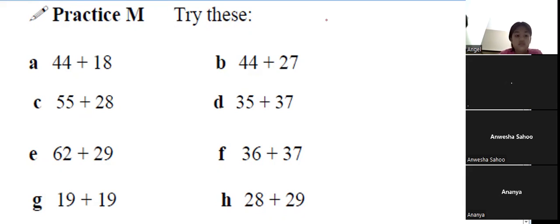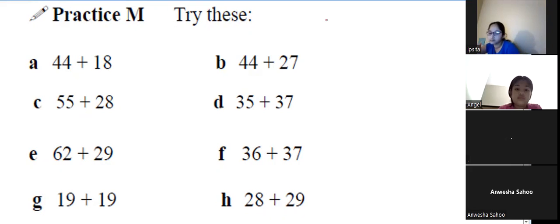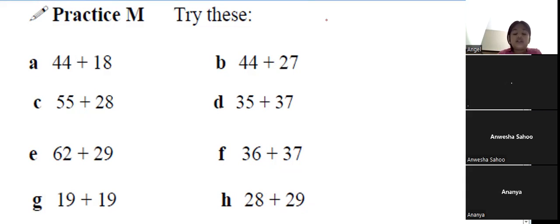In place of 7, add 10 and subtract 3. In place of 6, add 10 and subtract 4. If it is 16, add 20 and subtract 4. If it is 37, add 40 and subtract 3. Very good.